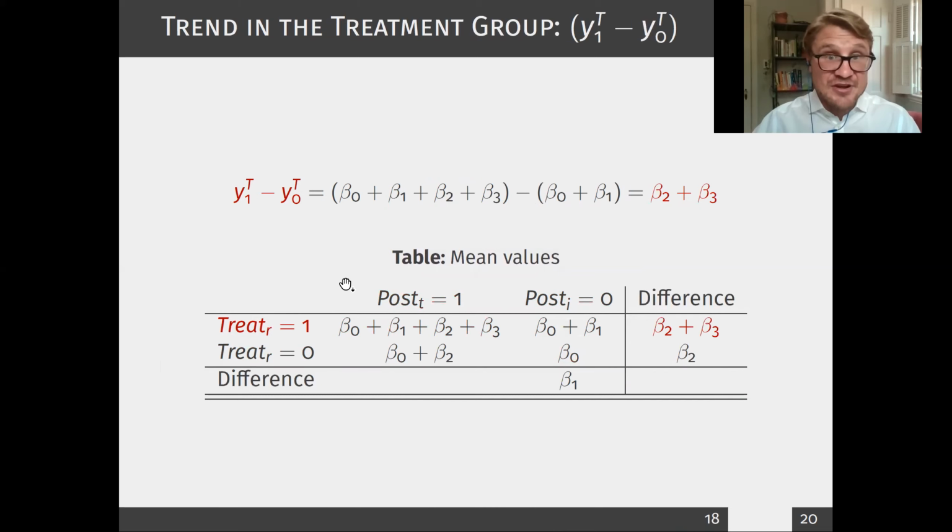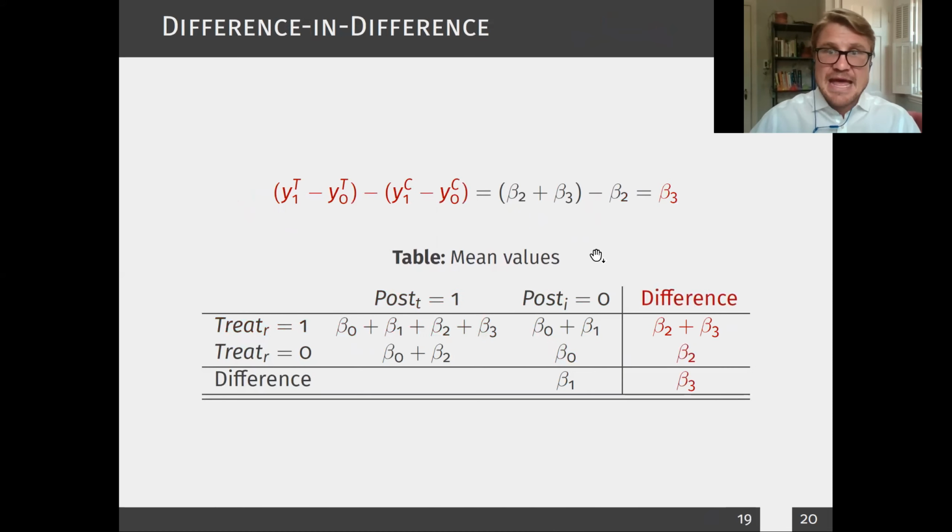We know that the average for the treated group in the post period is just beta 0 plus beta 1 plus beta 2 plus beta 3. It's all the coefficients. And we know that in the pre period, it's just beta 0 plus beta 1. You subtract those from each other, you get beta 2 plus beta 3. Beta 2 plus beta 3 is the change in the treated group over time between the pre and the post period.